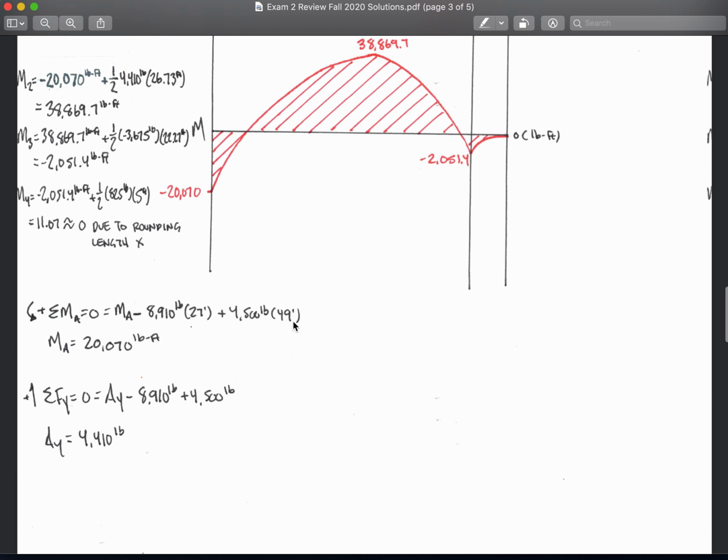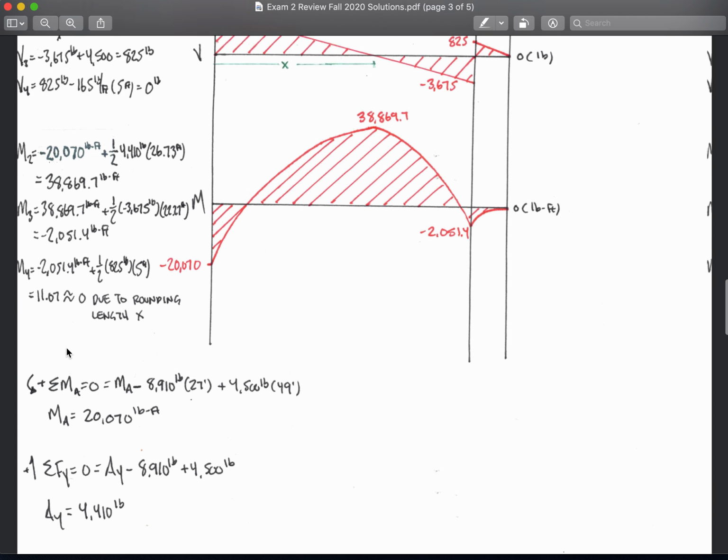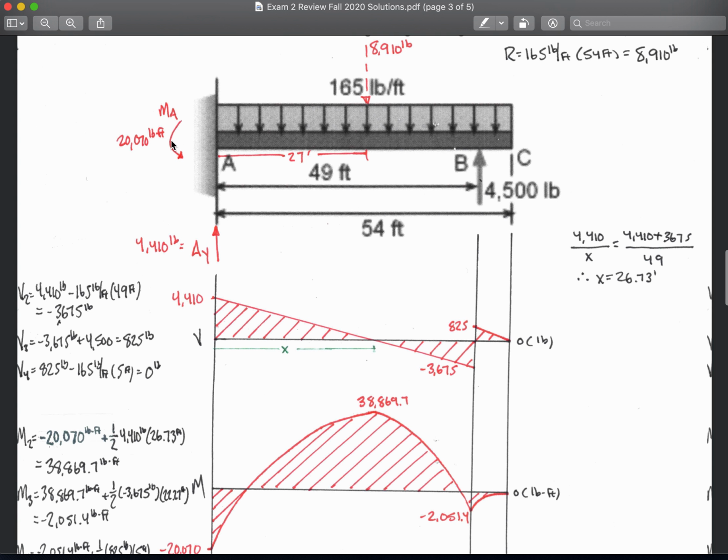So that's where I get the 49 feet. I do this math and obtain a positive 20,070 pound-feet. This is the magnitude for MA. It is positive, therefore my assumption is correct that it goes counterclockwise. So that's where I've written in the answer here, 20,070 pound-feet. Now I need to get AY.